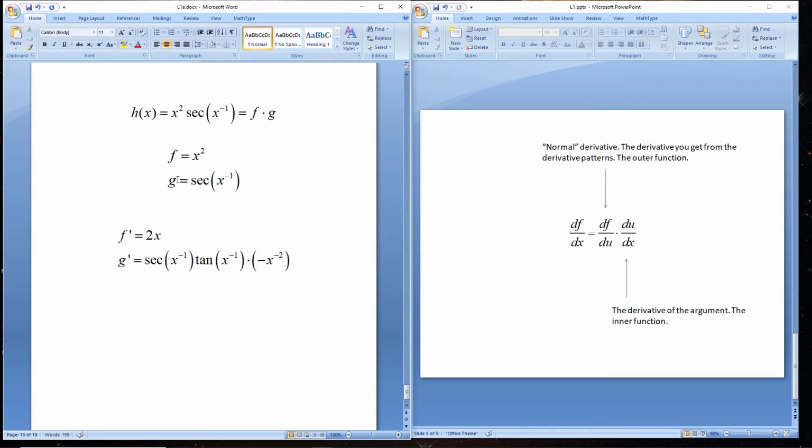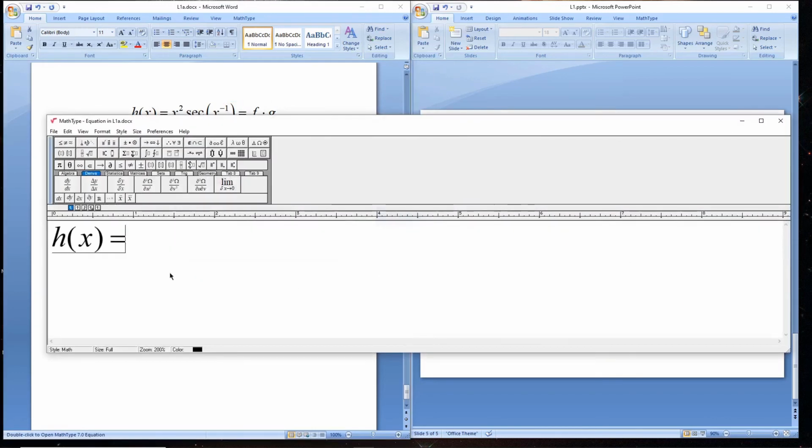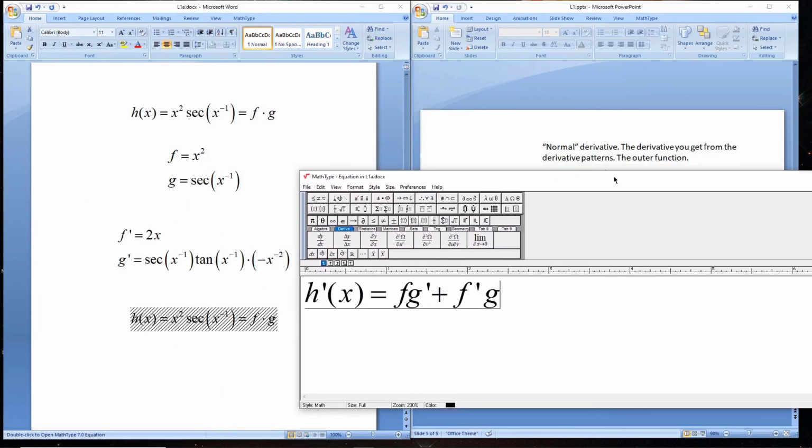Now that we have our pieces f, g, and f prime, g prime, we can now plug this in then to the product rule. And let me just first write out what the product rule is. That is the product rule. And we're going to plug our information in.